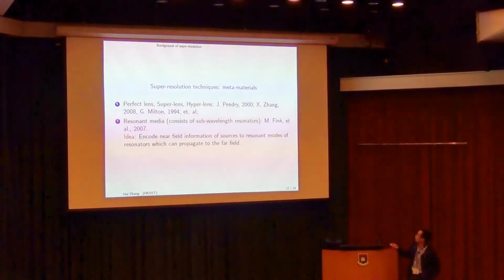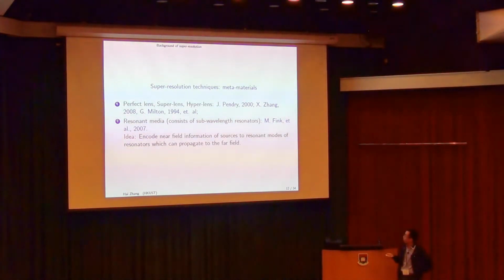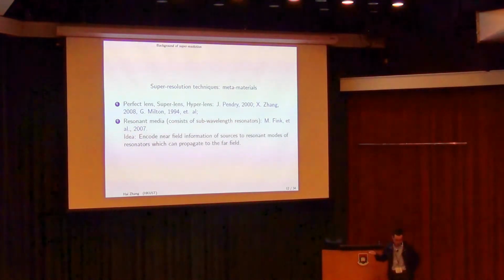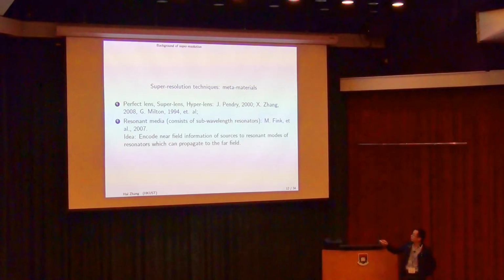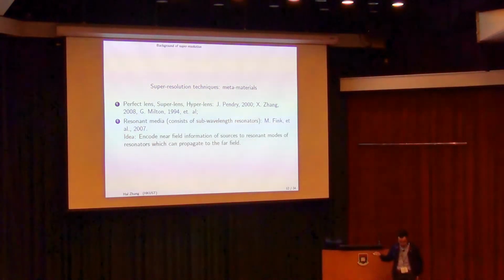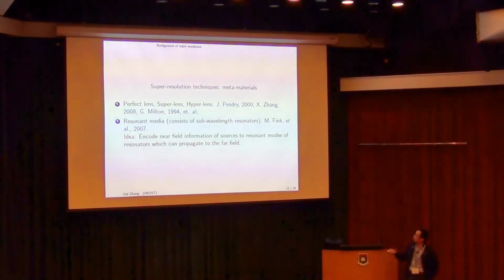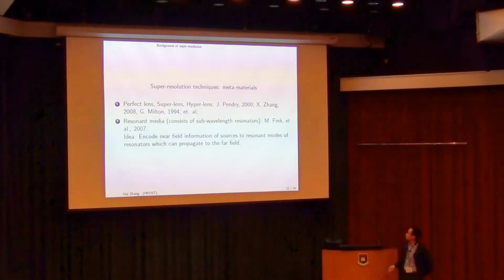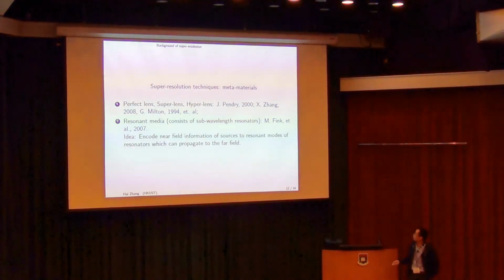Pendry first proposed the idea of the perfect lens, with which you can realize perfect imaging. And also I think the president of this university, Zhang, also proposed the idea of using the superlens and hyperlens. Mathematically speaking, the mechanism of this perfect lens can be explained by the nucleized anomalous resonance, which was discovered by Graeme Milton 10 years before the work by Pendry.